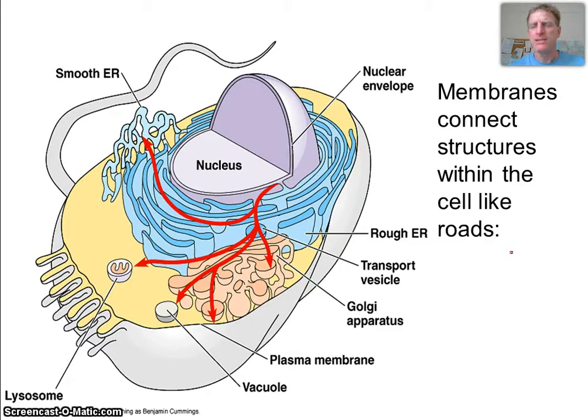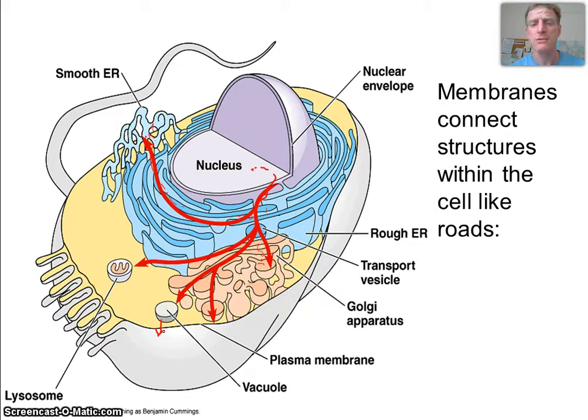Again, these membranes are all interconnected and work together. We have our nucleus with our DNA. It sends out genetic messages out here to these ribosomes where proteins can get made. Some of those proteins might get shipped to the smooth ER and function as enzymes. Other proteins might get sent down to the Golgi and get packaged up, maybe like insulin or human growth hormone that is going to be secreted from the cell.